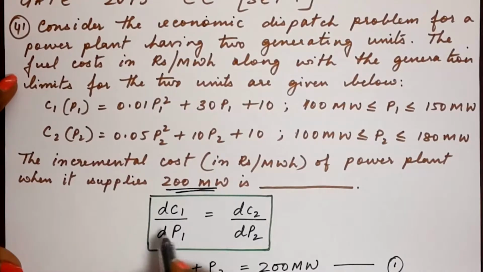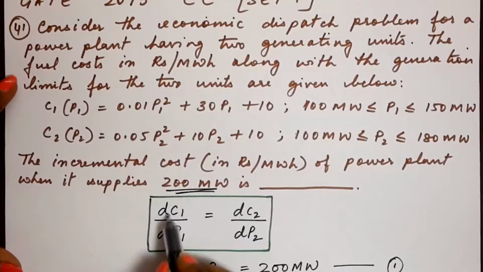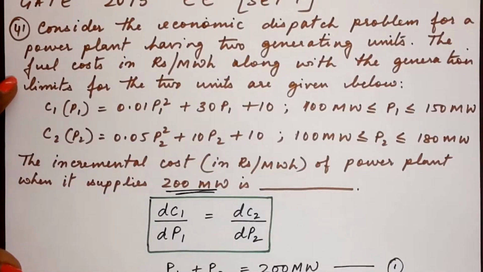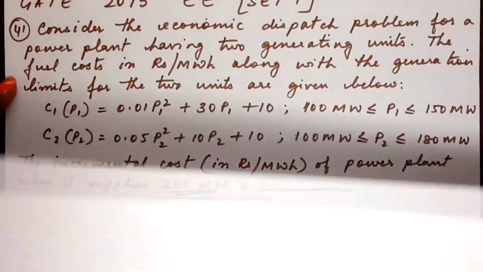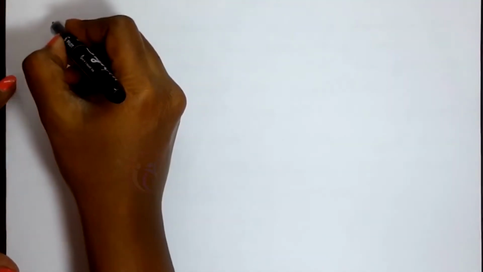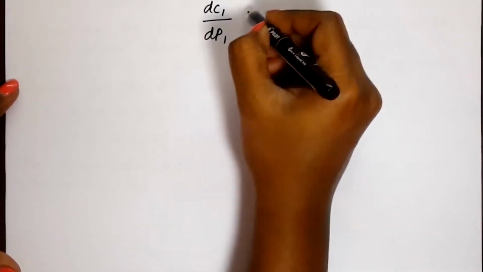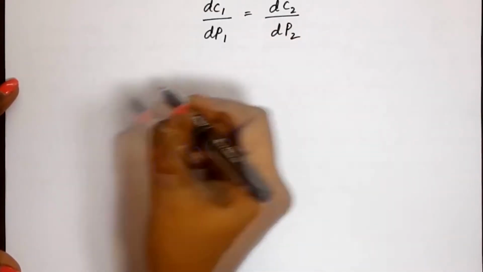So since we are to find this out, we'll use this formula here. We will differentiate C1 and C2 with respect to P1 and P2. So let me just grab another sheet of paper here and we'll differentiate. Differentiating, I'll write that down here, dC1 by dP1 equals dC2 by dP2.